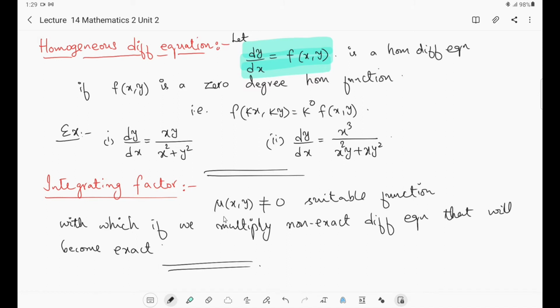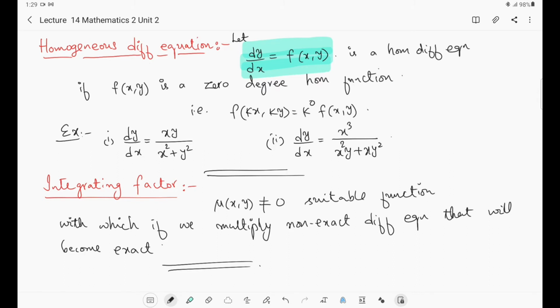In the remaining 3 methods, the second, third and fourth for non-exact differential equations, we will learn the methods to find integrating factors. The first one was the inspection method, that is over. We don't find any integrating factor in that. But from the second method onwards, we will find the integrating factors. So the second method is the integrating factor for homogeneous differential equations.